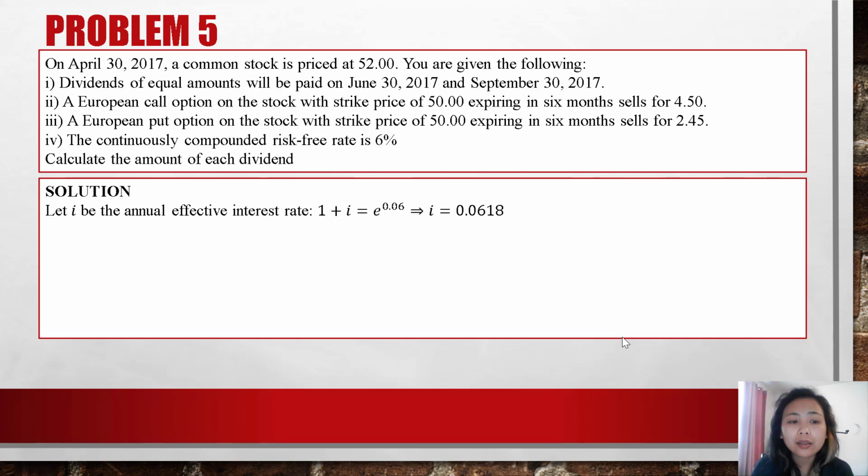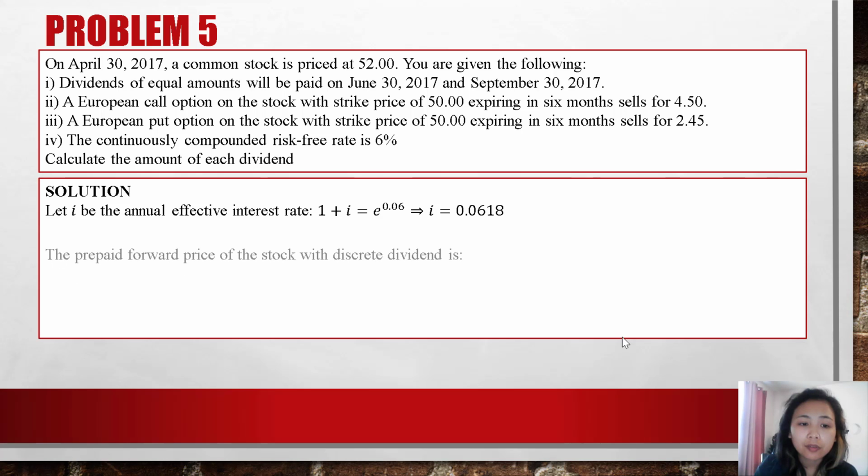So let's call i the annual effective interest rate. Then we have to make a connection between i and the continuously compounded risk-free interest rate 6%. We got 1 plus i is equal to e to the 0.06. This is basic IFM maxim. So from here we got i should be equal to 0.0618, which is around 6.18%.